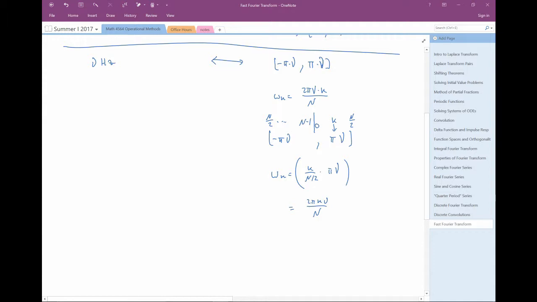But this is a radian frequency, therefore the actual frequency is going to be the radian frequency divided by 2 pi, so it is just k nu over n. And in the case of the signal that we have, it's k times 8000, that's the sampling frequency of the signal we have, and we have exactly 16,000 samples, so it's just k over 2, or k over the length of the signal that we captured.